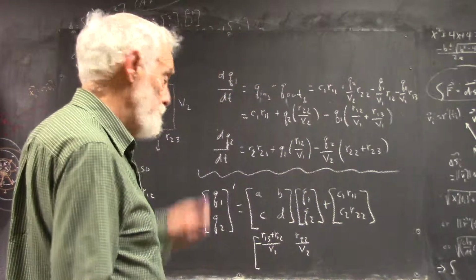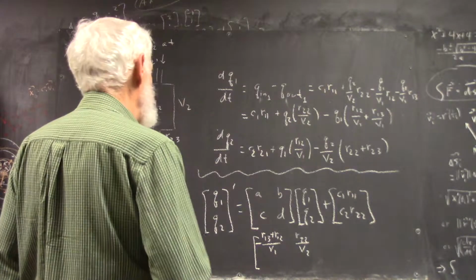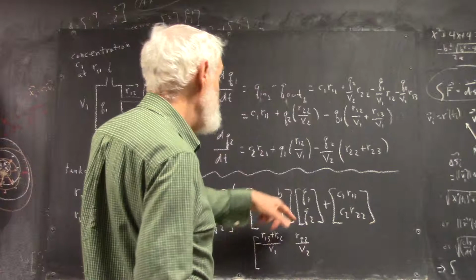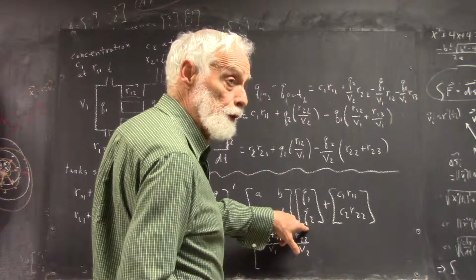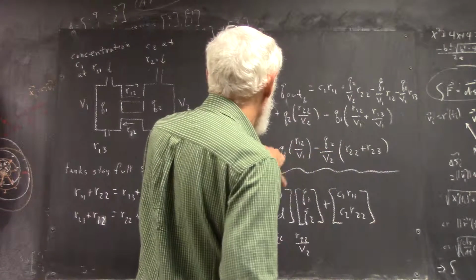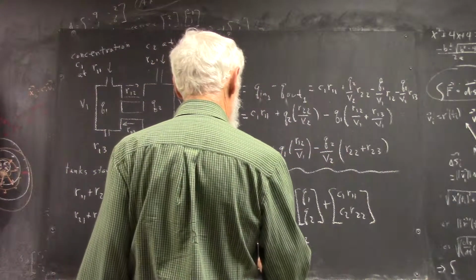Okay? Then C times Q1 in the second equation, Q2 prime equals C Q1 plus D Q2. Well, the C is R12 over V1.